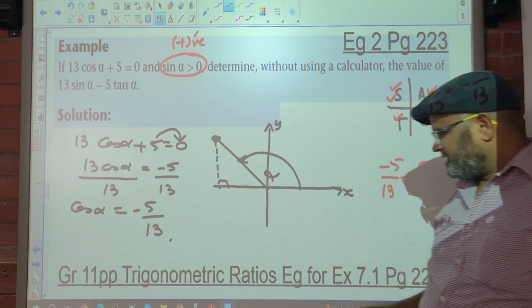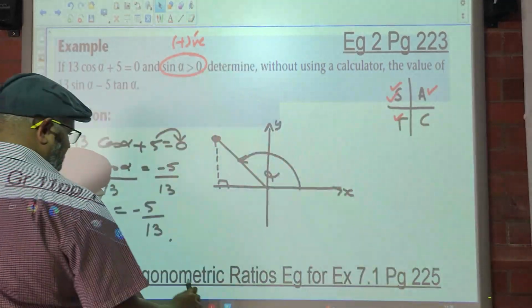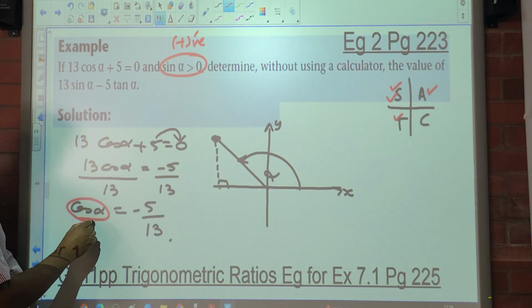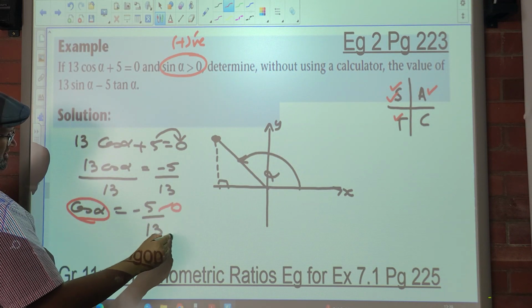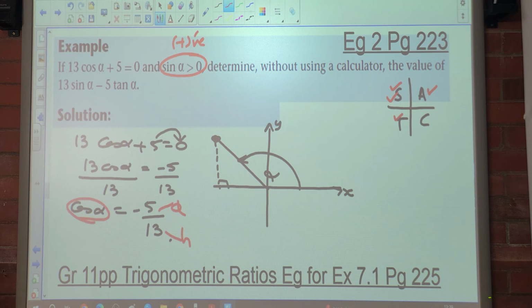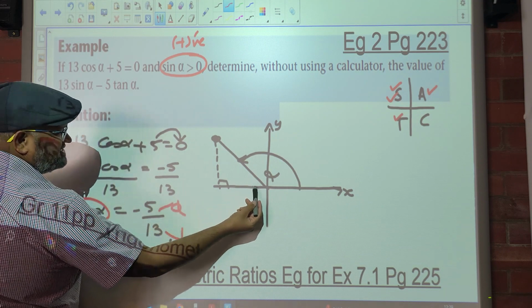Okay? So when I plot those lengths on the diagram, what does cos stand for? Adjacent over hypotenuse. Opposite over hypotenuse is? Sine. Okay. So it's adjacent over hypotenuse. So we use this as my reference angle.